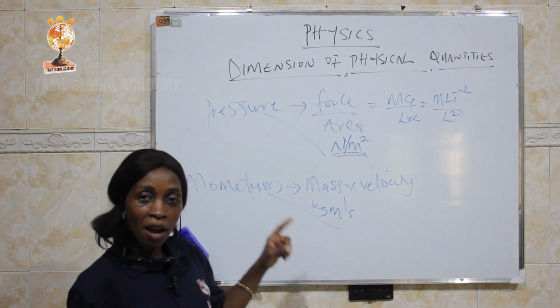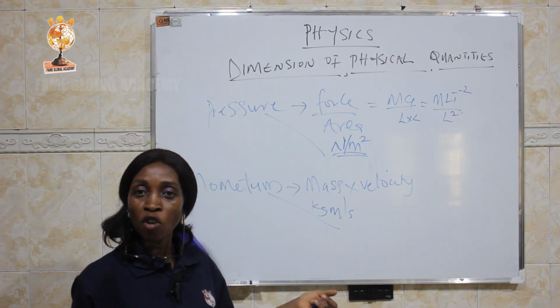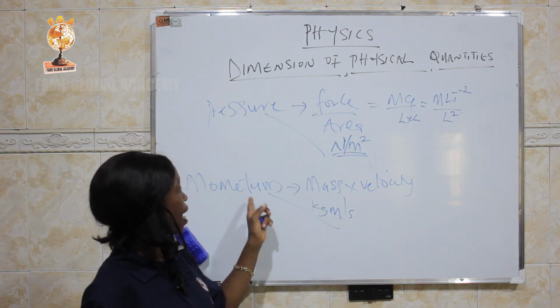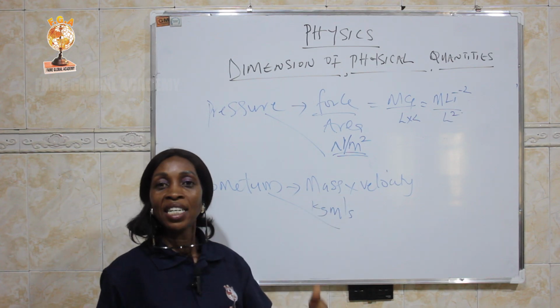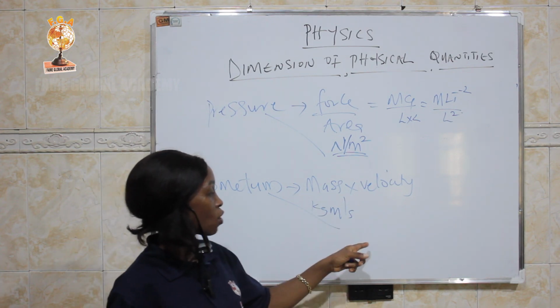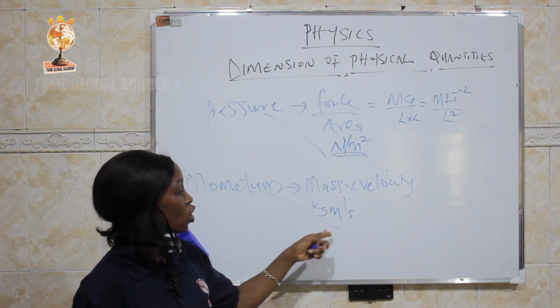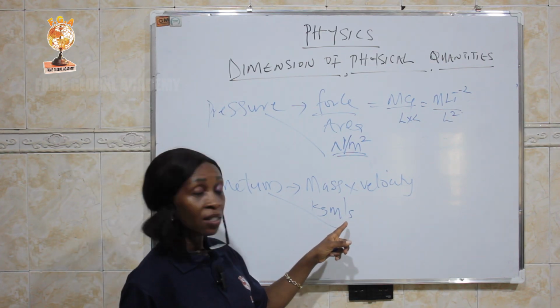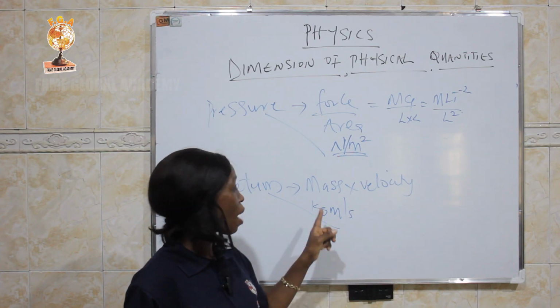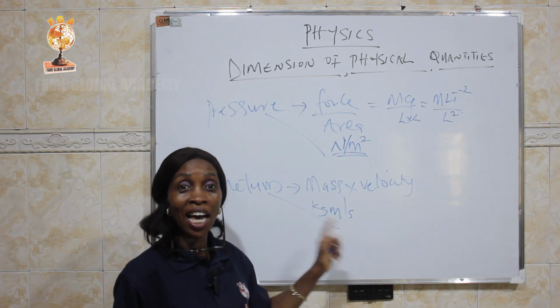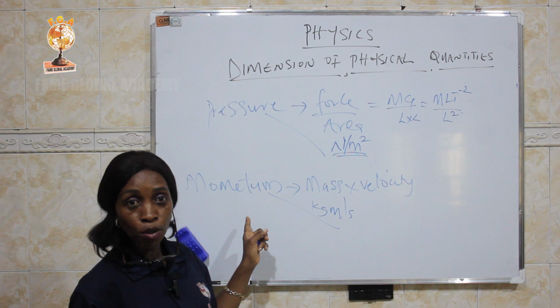So if I know that, it becomes easy for me. After solving, my answer becomes, let's say, 10 kilogram meter per second, and I'm referring to momentum. So kilogram meter per second is the SI unit for momentum.